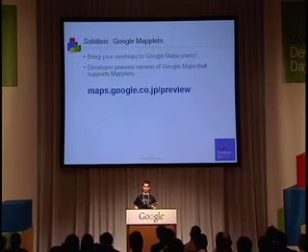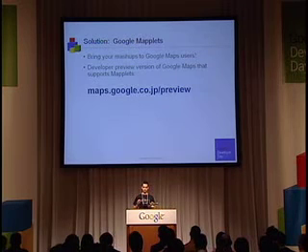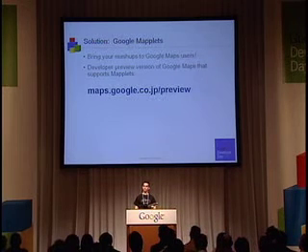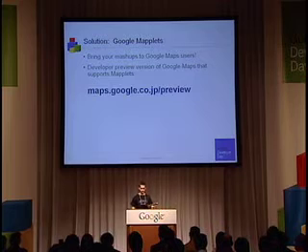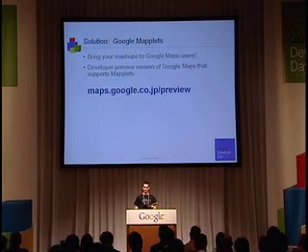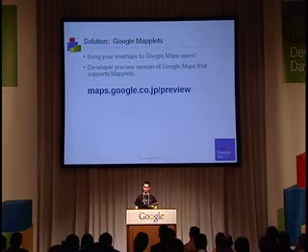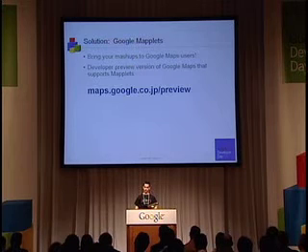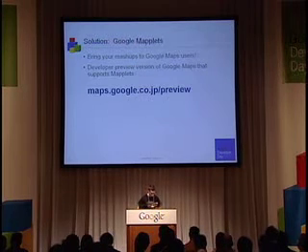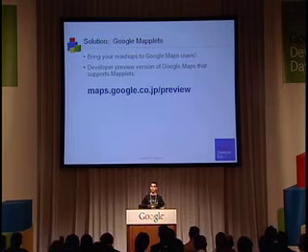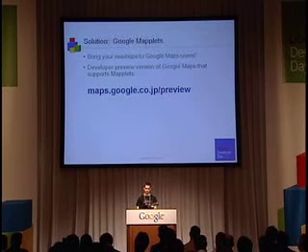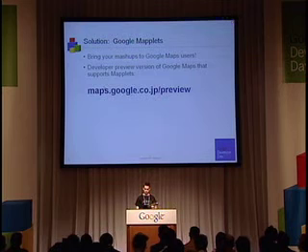And right now, you can type into your browser maps.google.co.jp/preview, and you can see a developer preview of Google Maps that supports Mapplets. So I'm going to give you a demonstration of what Mapplets actually are.